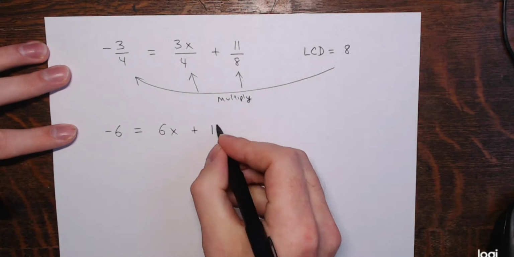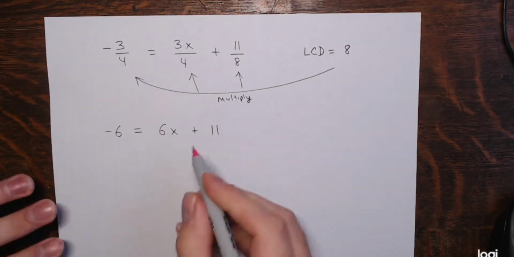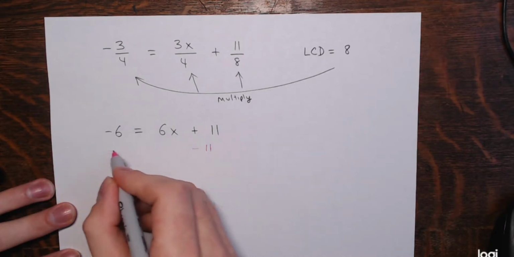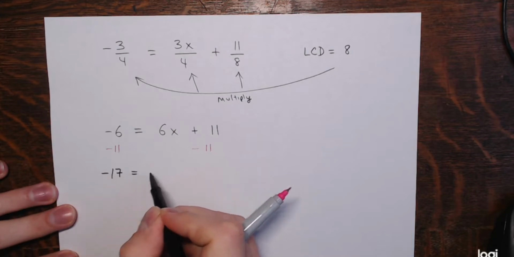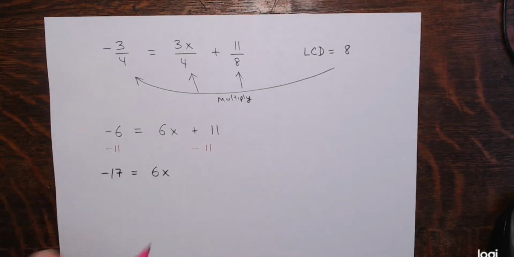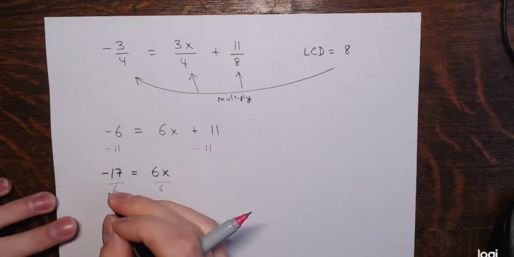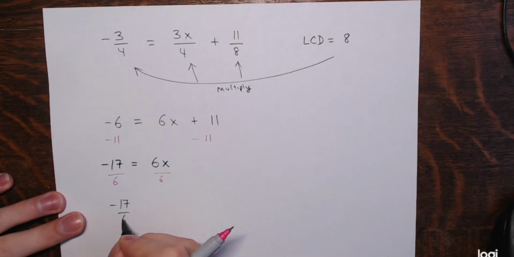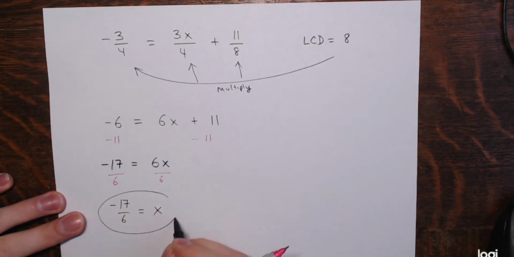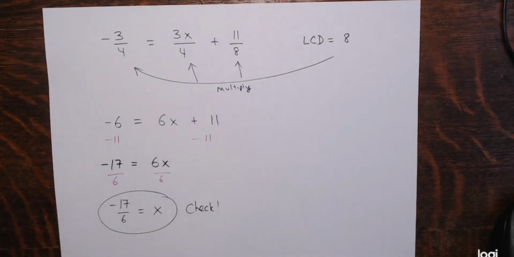Now the fractions are cleared. It's a lot easier to do now. I would just need to subtract 11. It gives me -17 on one side, 6x on the other, and then just divide by 6. -17/6 is as reduced as that gets, equals x. And again, don't forget to check your solution, which I'll leave to you from now on. I feel like I learned my lesson from the first example.